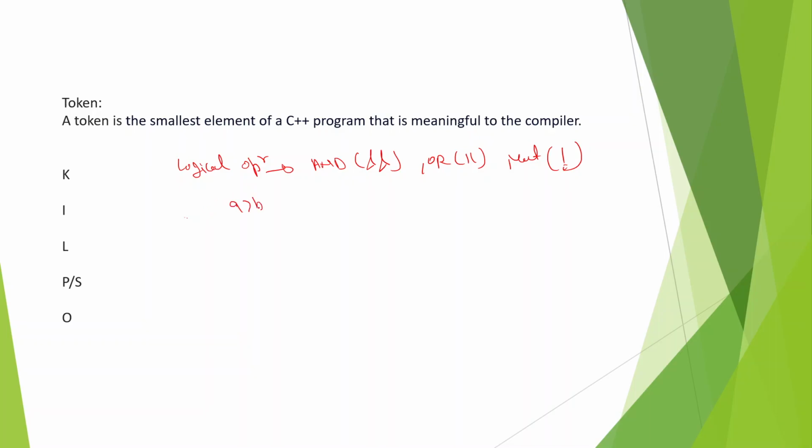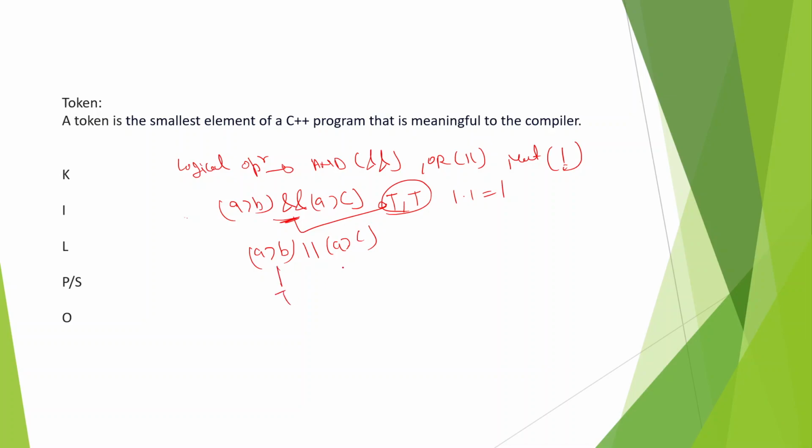Suppose A greater than B and A greater than C, then you have to check all conditions in the AND operation. All must be true. If both are true, then 1 into 1 is equal to 1. But in the case of the OR operator, any one may be true, the second may be false, then it will give 1.